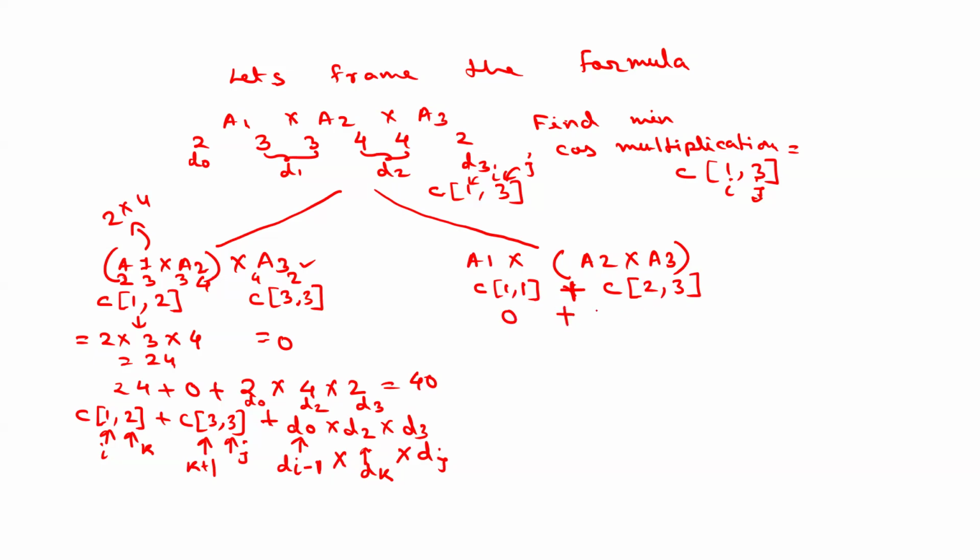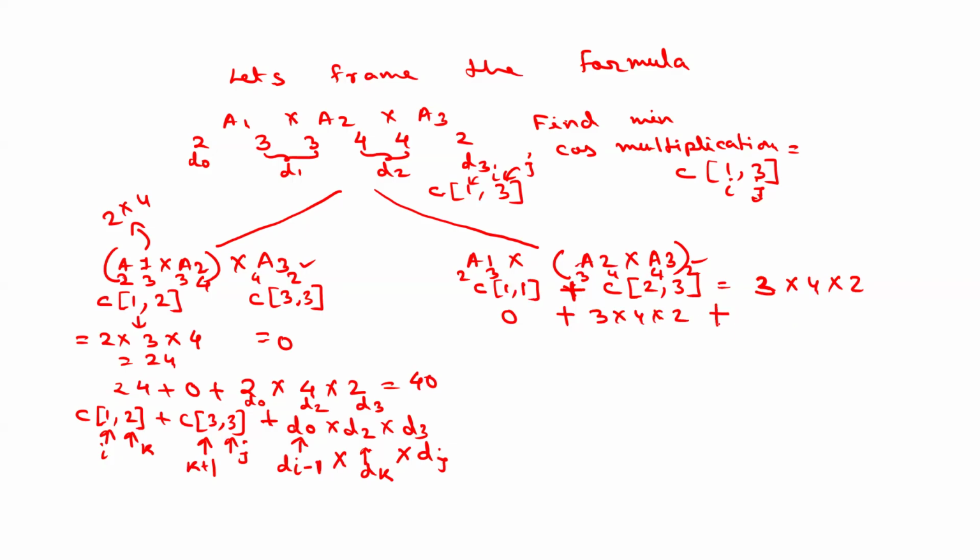What are the dimensions? 2 cross 3, here 3 cross 4, and 4 cross 2. So the C23 dimension is 3 cross 4 cross 2. So it's 24.